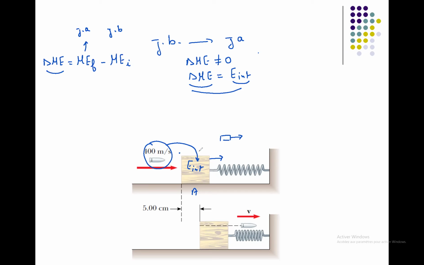Because between this point and this point, we have a friction inside the object. And in this case, we said before delta mechanical equals omega f. This omega f equals E internal. I need to calculate delta mechanical. I need to calculate E internal. So I calculate mechanical final and mechanical initial.